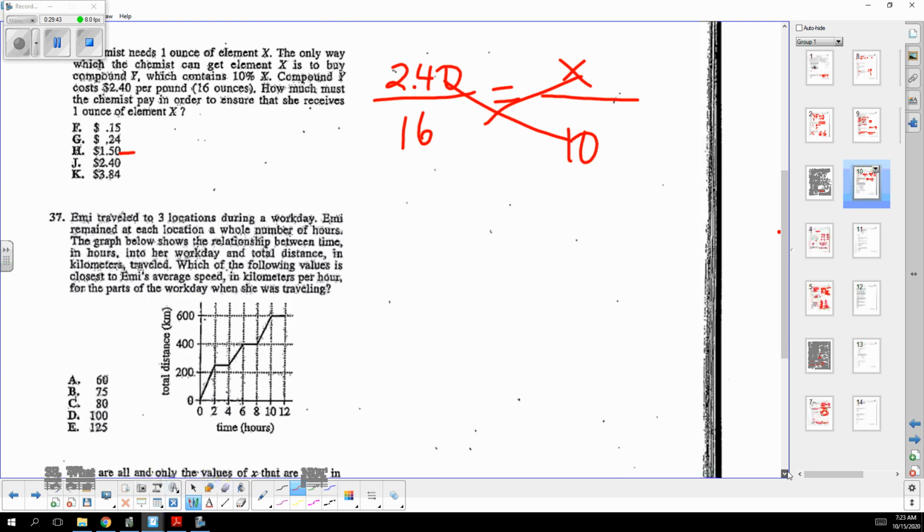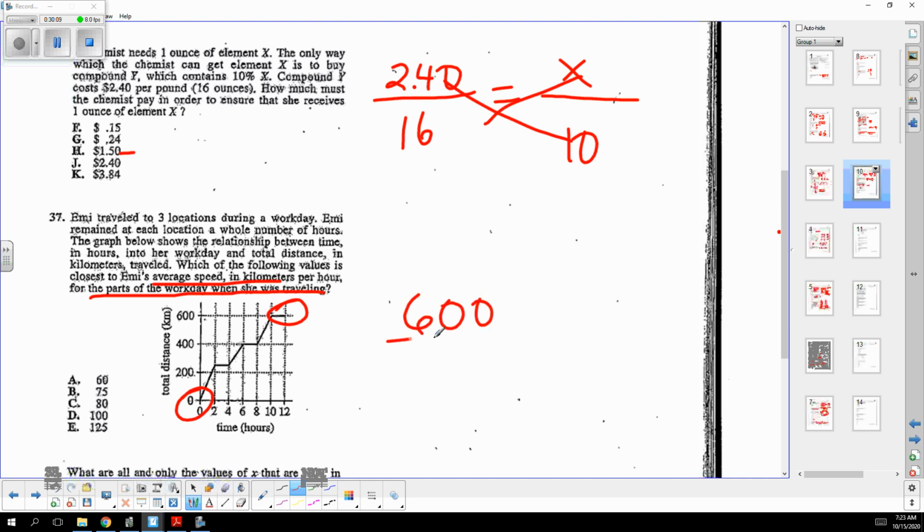They like 37, I can tell you that. What is her average speed when she was traveling? So the first one is, look at the total distance. It's 0 to 600.